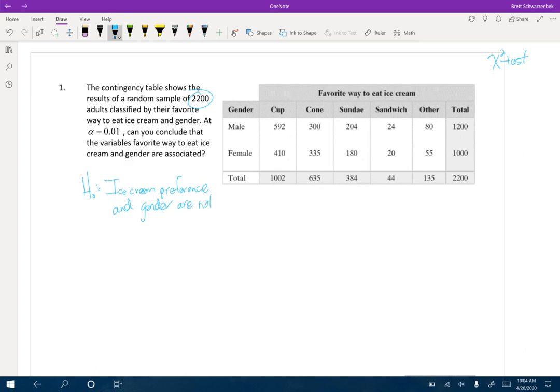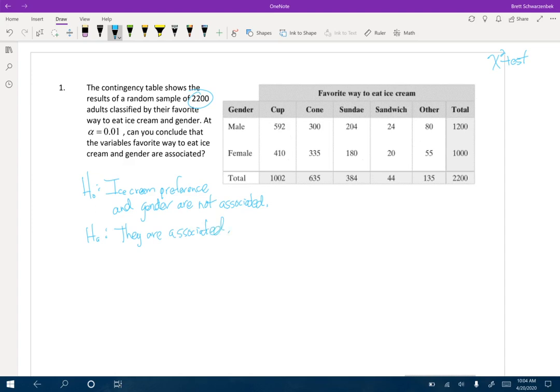Note that this is exactly the same as saying ice cream and gender are independent, which are analogous. So what about the alternative? Just like I did last time, just say they are associated. Let's shorten that so you don't have to write out a lot, but you know the gist.